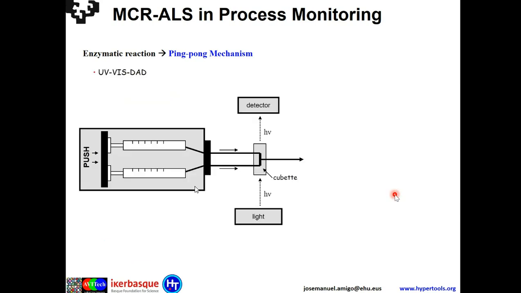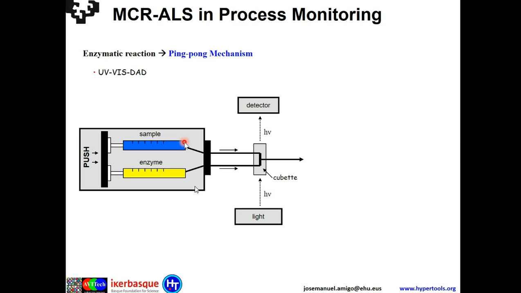But in order to show you how we monitored these reactions, we used a stopped-flow system coupled with a UV-vis detector. So here in one of the syringes, we put the sample, that is a mixture of hypoxanthine or xanthine or uric acid in different concentrations. Okay, we did a really nice design of experiments there.